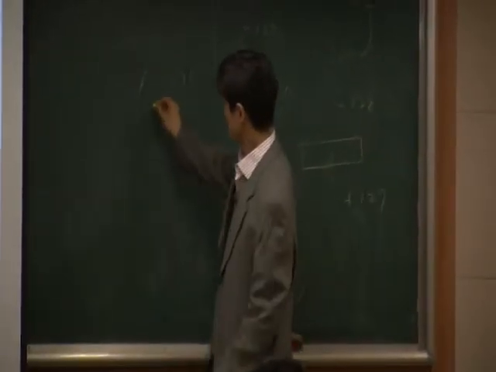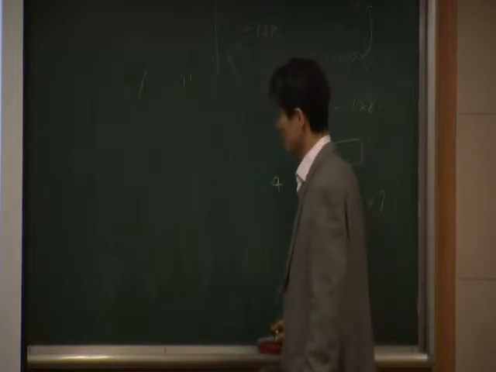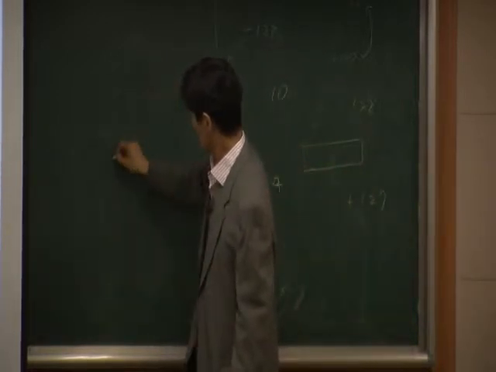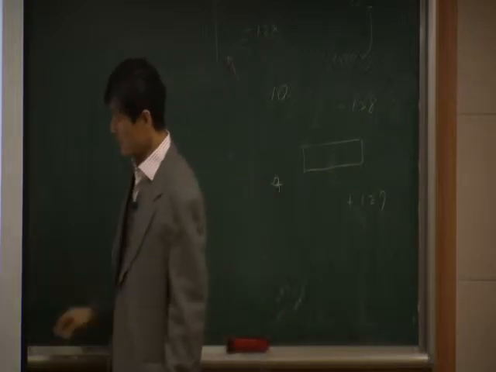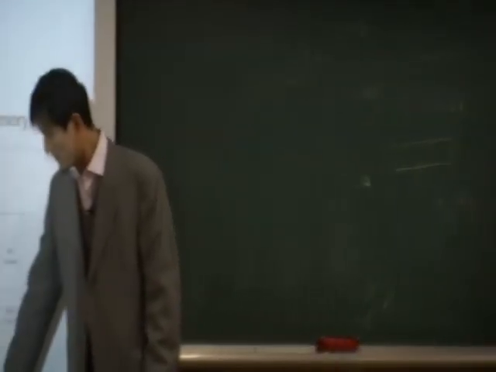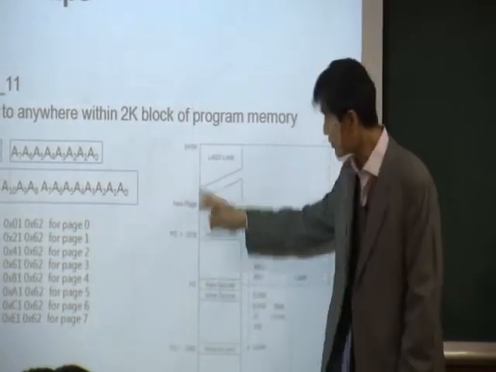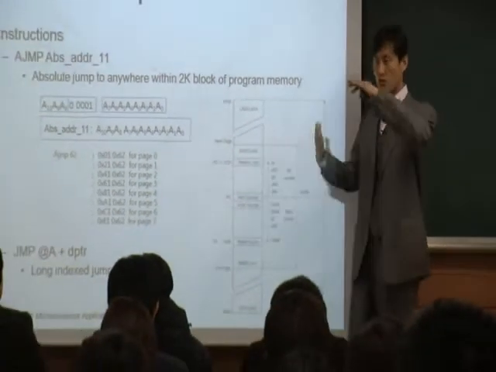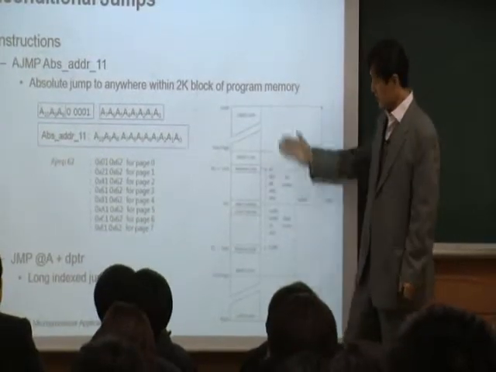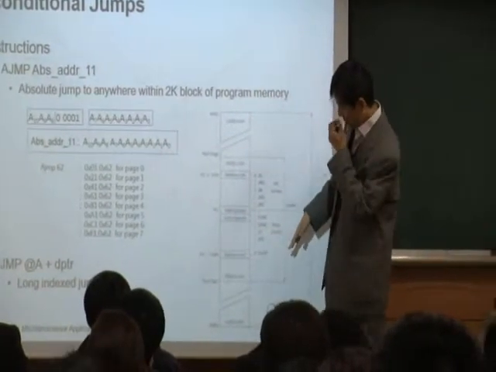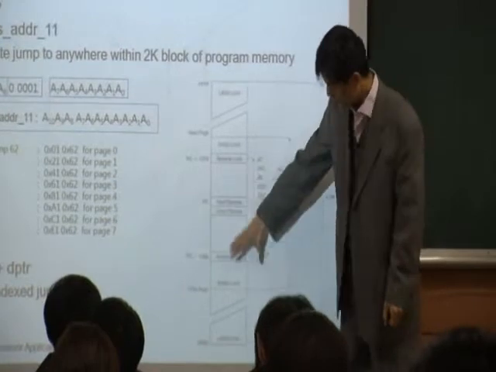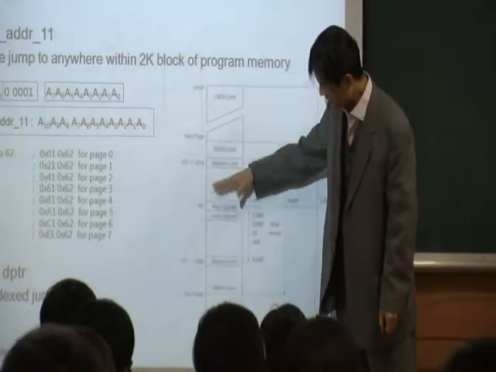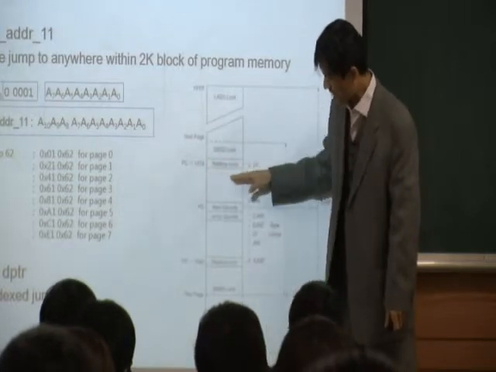What this means is that, let's say this is the whole memory space from 0000 to FFFF, right? This is 64K total, the whole address map. In this address map, maybe your code is somewhere here, and you have a lot of instructions here and you execute line by line.